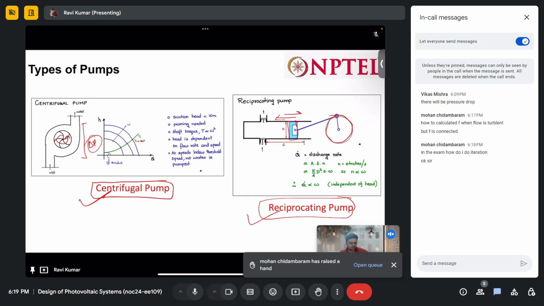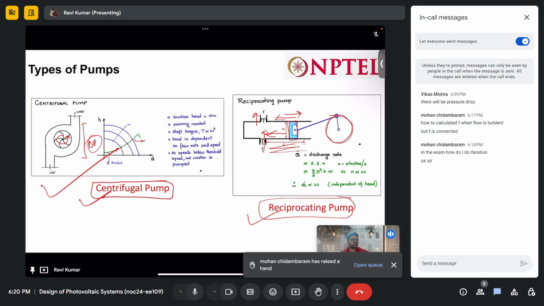Due to this movement, water comes in from here and goes out this way. So it is a continuous process, coming in and going out. So this is the reciprocating pump. Usually we use the centrifugal pump, that is easy to use.